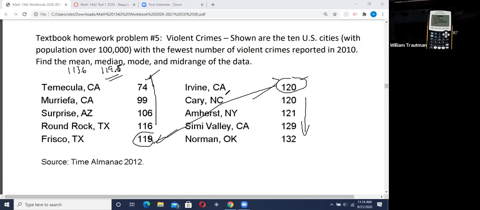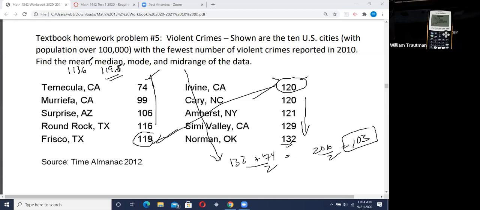Okay, so we need to find the mid-range. Mid-range was the highest piece of data plus the lowest piece of data divided by 2. 206 divided by 2 is 103. So the mid-range was 103.